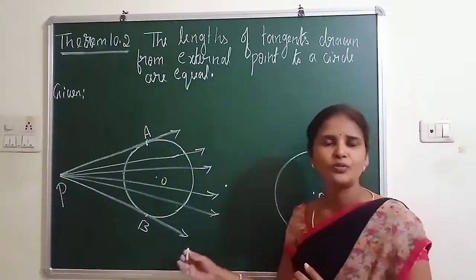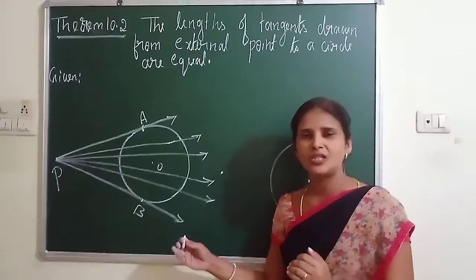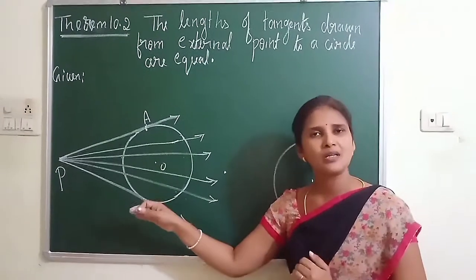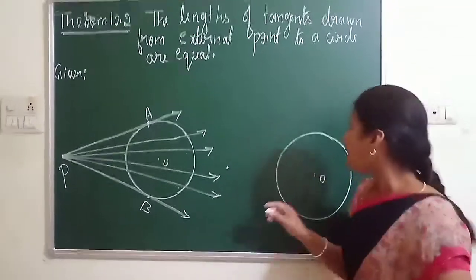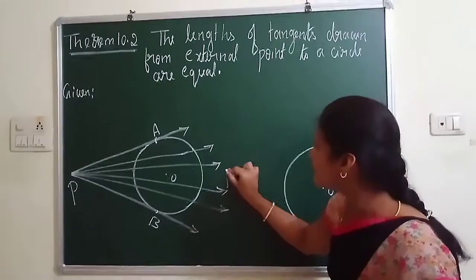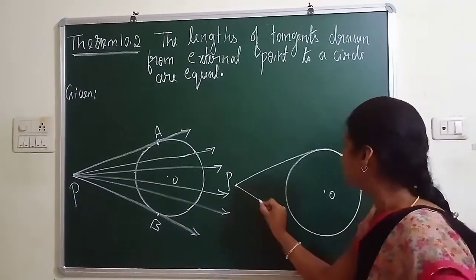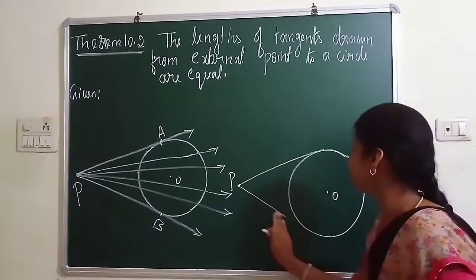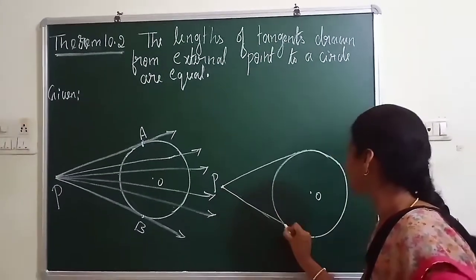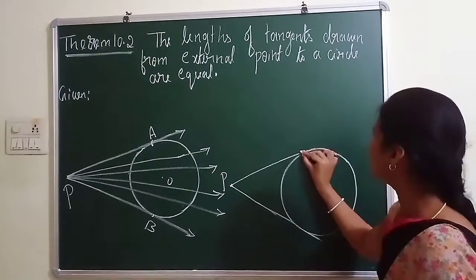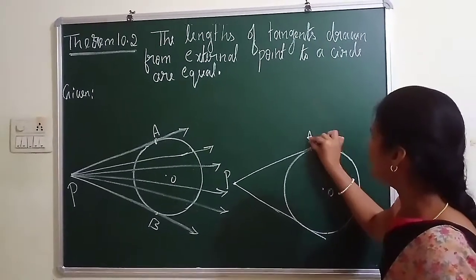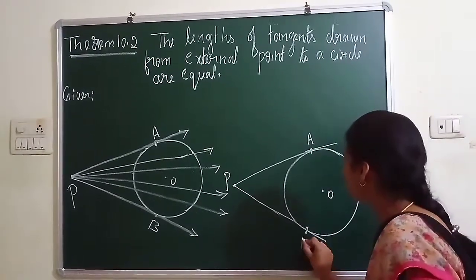Till now we understood that I can draw 2 tangents from an external point to a circle. And now, again, if I take an external point P and draw 2 tangents to this circle, you can see here the tangent PA and the tangent PB.